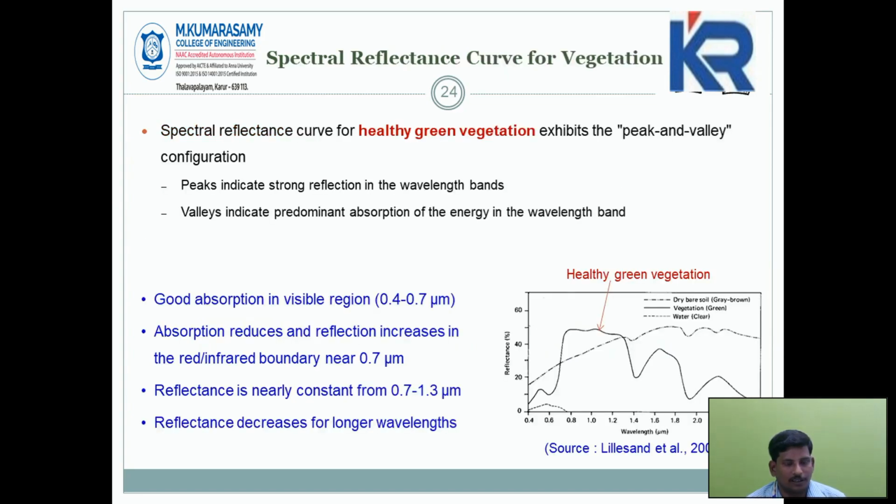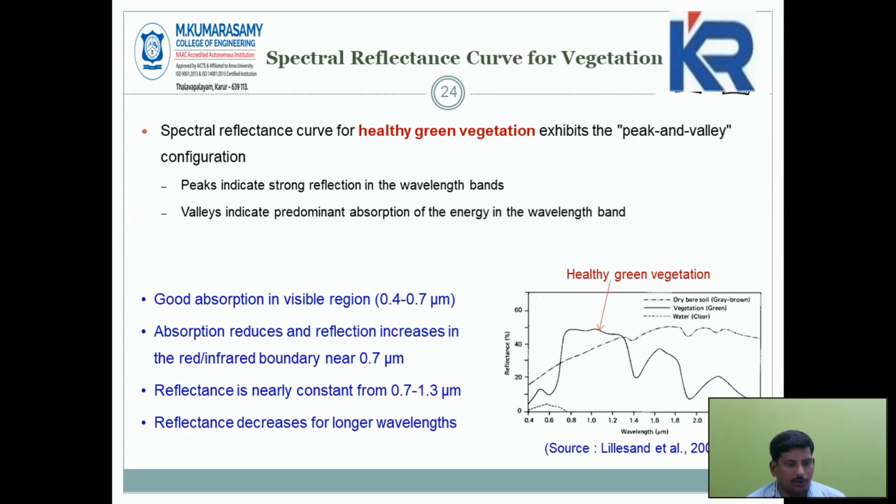This is the spectral curve for vegetation. From the arrow mark in the picture, it indicates healthy green vegetation. Once the wavelength moves to 1.4 micrometers and above, the vegetation level is reduced. There is good absorption in the visible range, 0.4 to 0.7 micrometer.